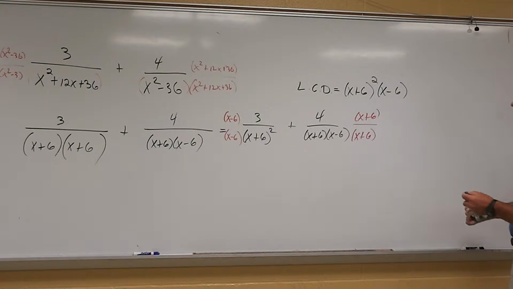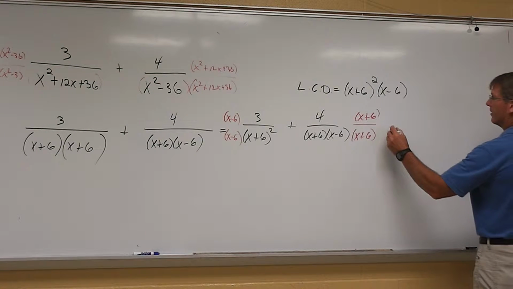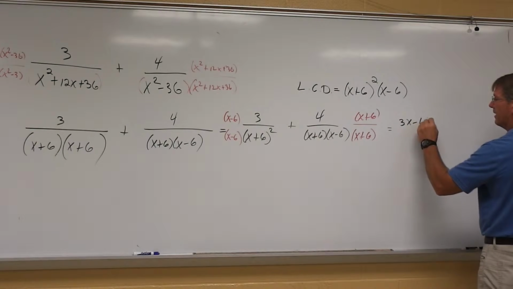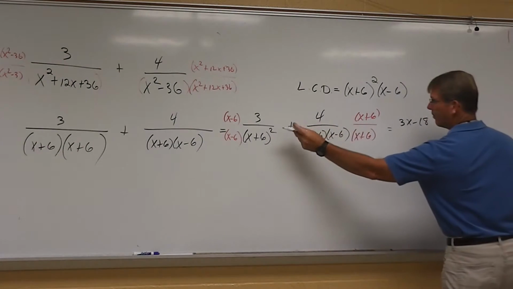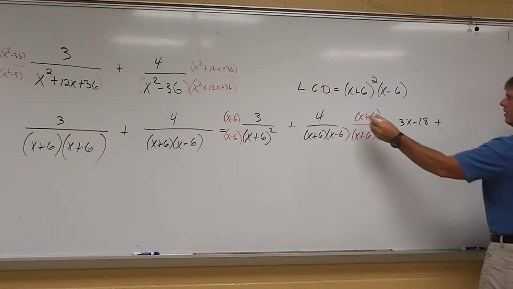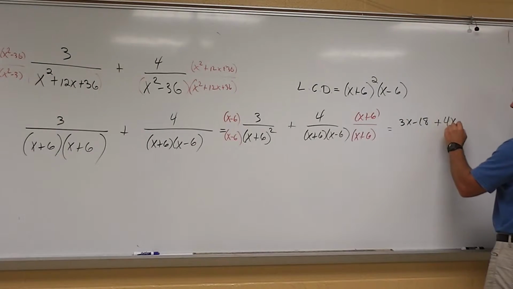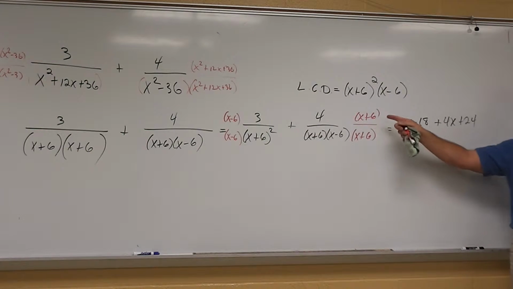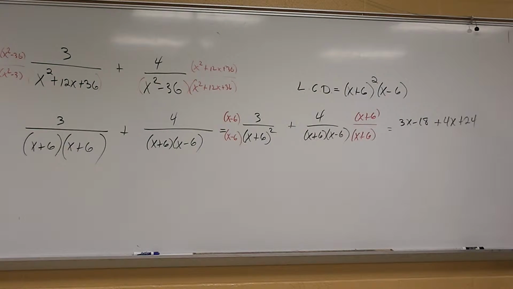And then now, we simply multiply the numerators. I'm going to have, distributing, 3x minus 18 plus 4x plus 24. And yes, please use your parentheses here, because if you don't, you'll forget to distribute and you won't multiply your 4 times your 6, and you'll have a mistake here.